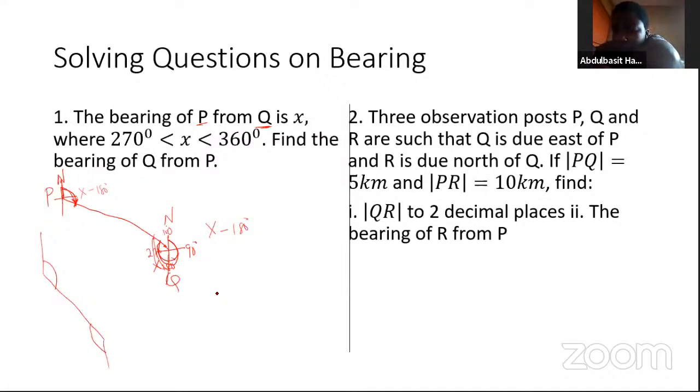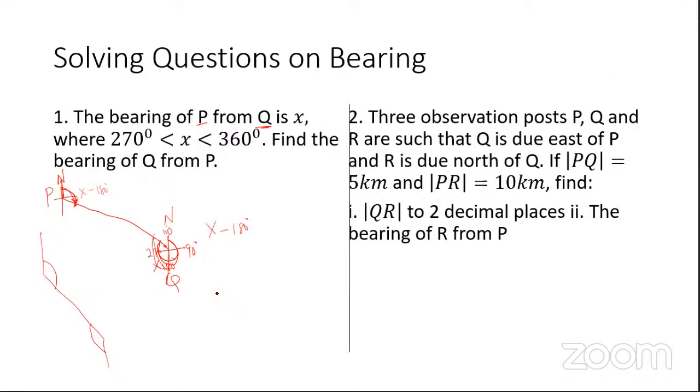I want to believe that some people are already trying that. So for the purpose of those that may not, how do we do this? Three observation posts P, Q, and R are such that Q is due east of P. I said it earlier that anytime we are talking about bearing, you watch out for the word from.